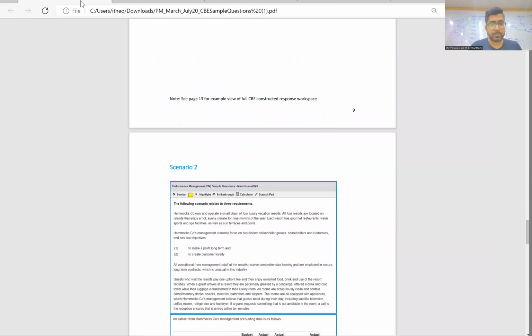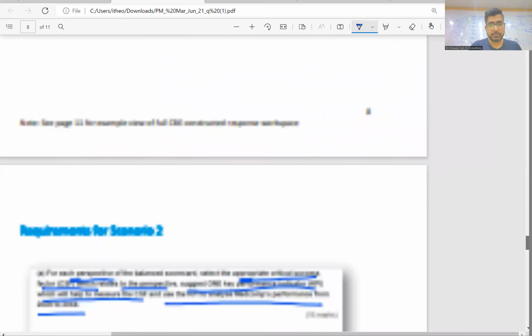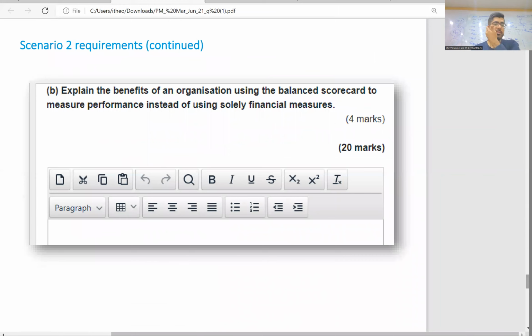And what about part B of this question? Explain the benefits of using a balanced scorecard instead of relying solely on financial measures. So it's a general discussion. If you rely solely on financial measures, you get a one-sided view. If you also rely on non-financial, you get a full view of the company.